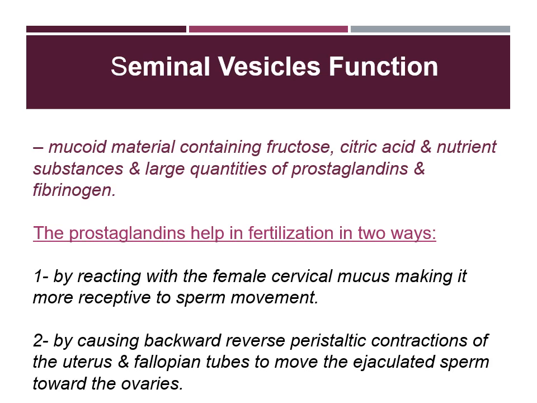The prostaglandins help fertilization by either reacting with the female cervical mucus, making it easier for the sperm to move, and second, by facilitating the peristaltic contractions in the uterus and fallopian tubes, which also enhance movement of the sperm towards the ovaries.